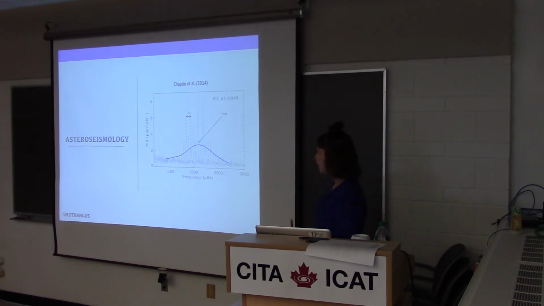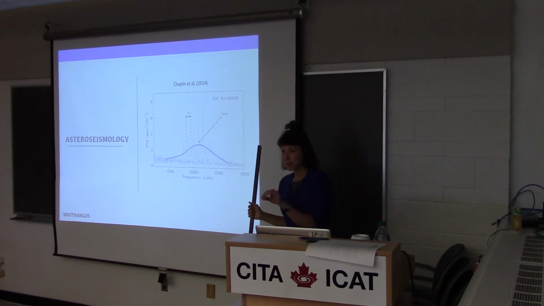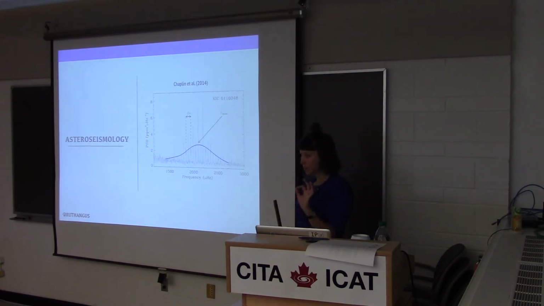So measuring the frequency of these peaks tells you about the integrated sound speed along the path through the star, which tells you about the density. You can build up a density profile, compare that profile with a theoretical model and infer an age. That's the best case scenario. We can do that for about 100 stars total.